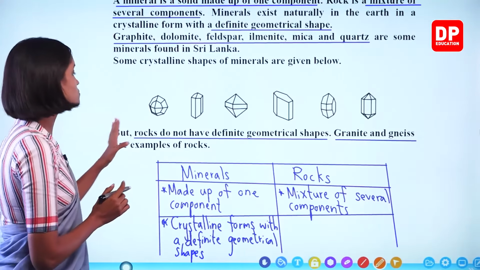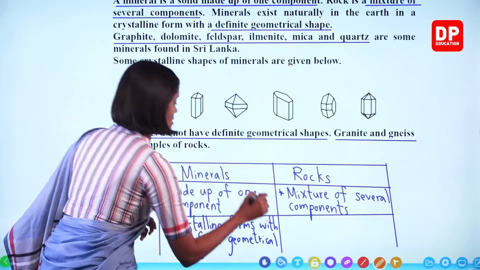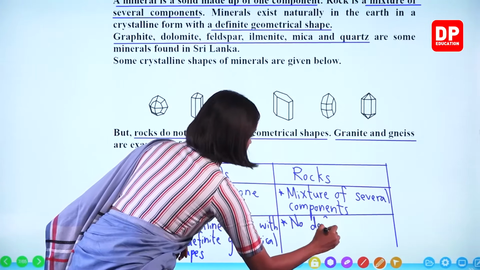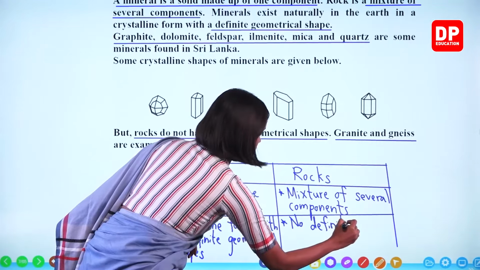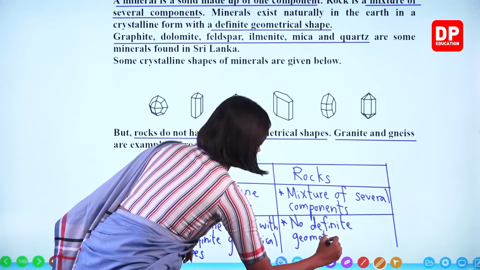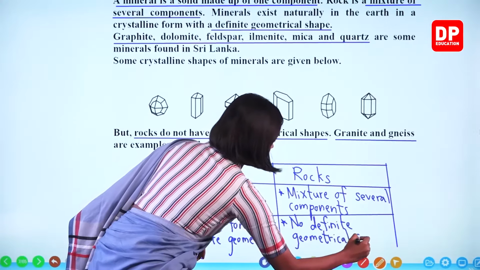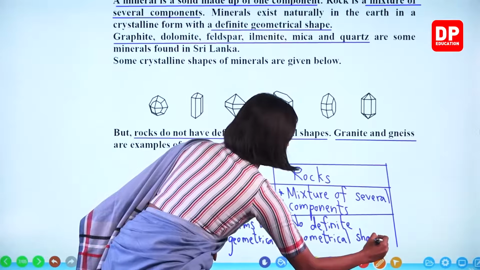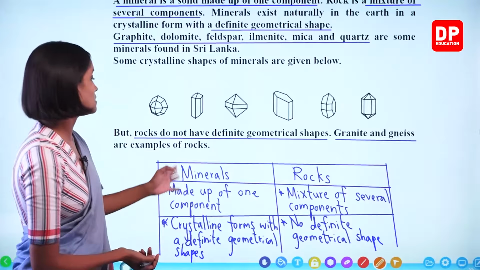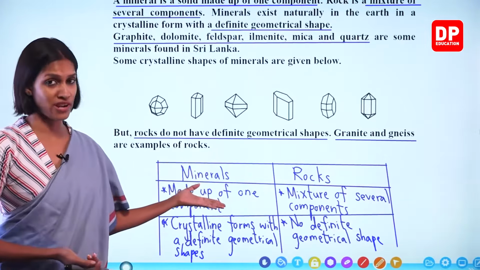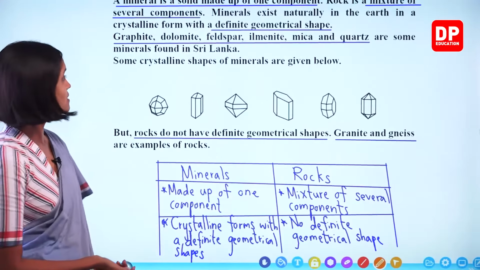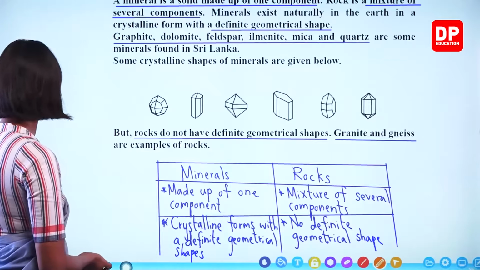Right? Rocks do not have a definite geometrical shape. No definite geometrical shape. Right, children? So like that you can write the differences between minerals and rocks, and thereby you can easily memorize these differences. You can even include examples. Okay, children? We'll move on to the next.